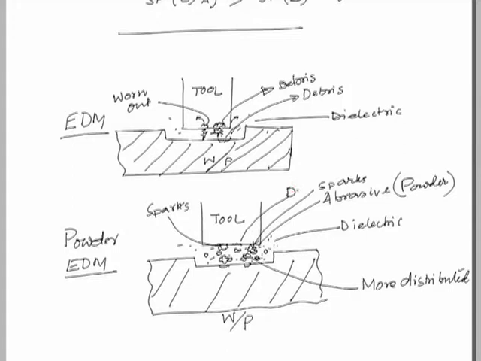So, this is the debris produced because of powder EDM, which is less in quantity in comparison to the previous cases. This ultimately results in reduced tool wear.